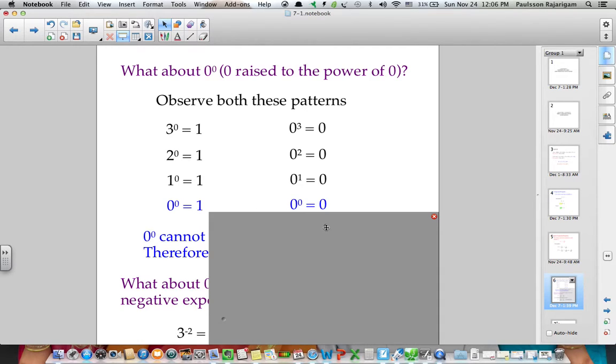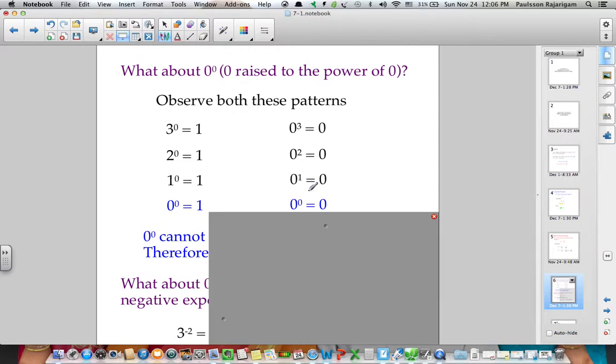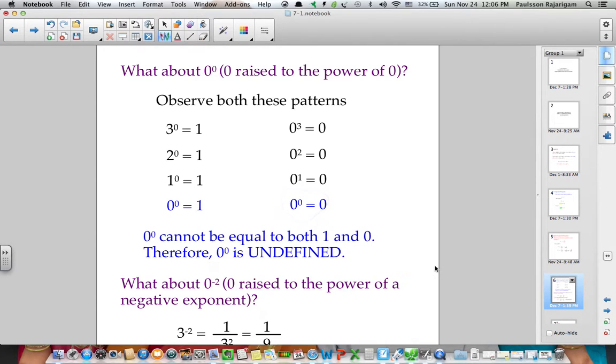Now, how can 0 raised to the power of 0 be 1 and 0? Okay. So 0 cannot be both values, and therefore 0 to the power of 0 is undefined.